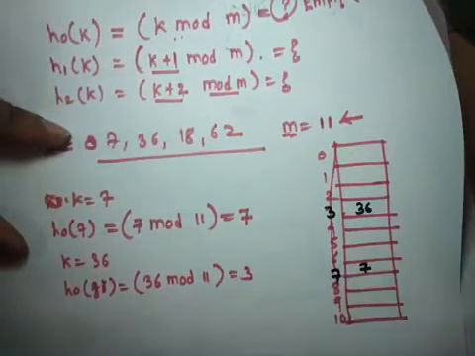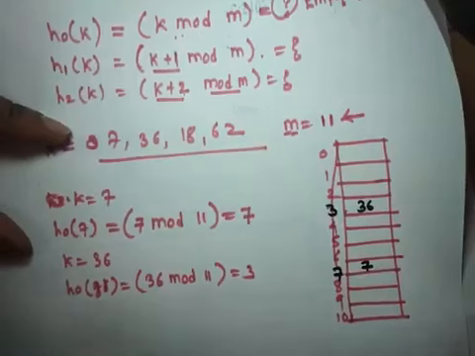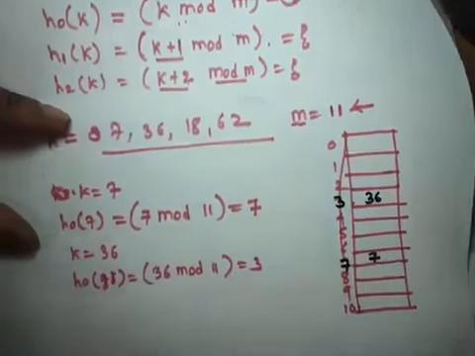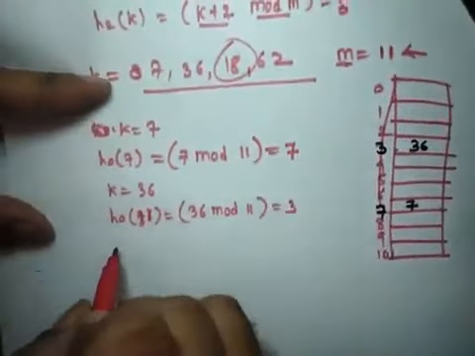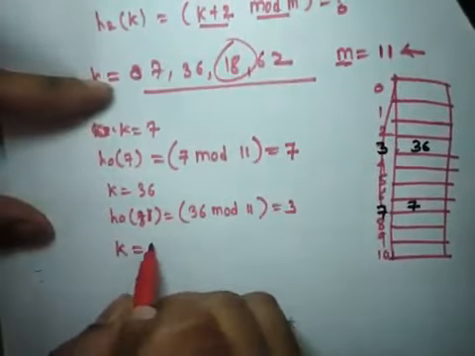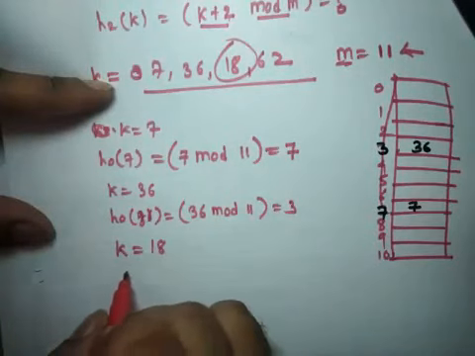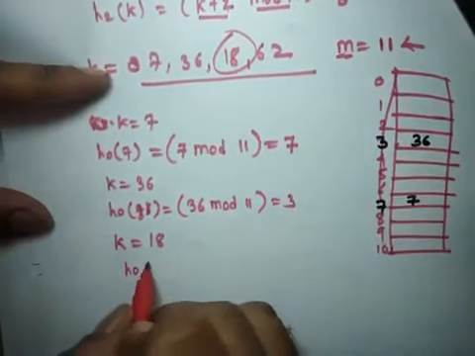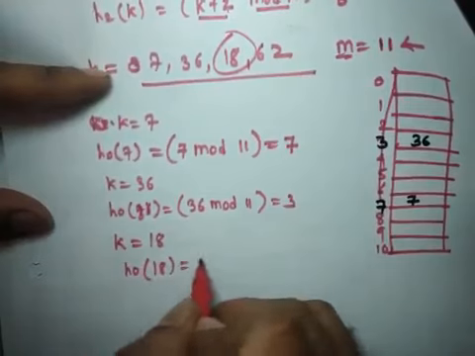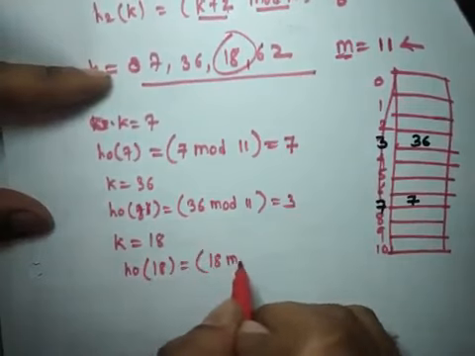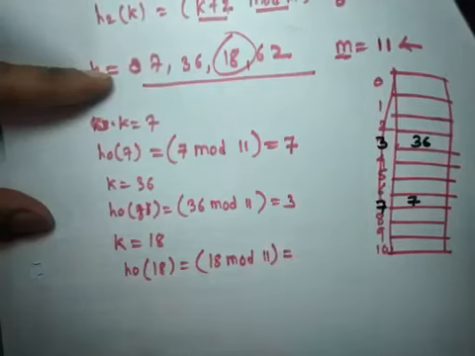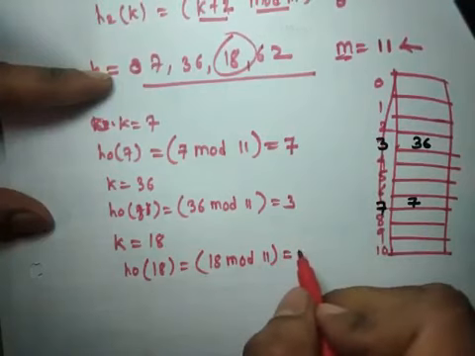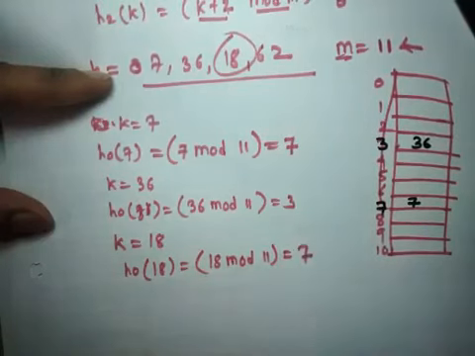These two index locations, 3 and 7, are now filled. Now let's take the next key value, 18. h0 of 18 is 18 mod 11, which produces 7 again.